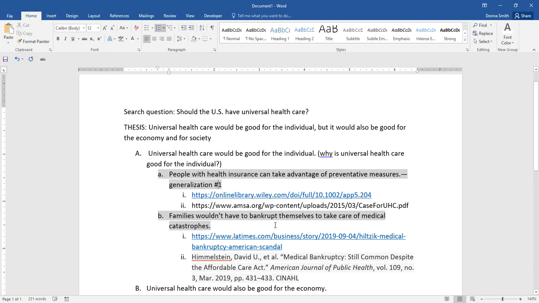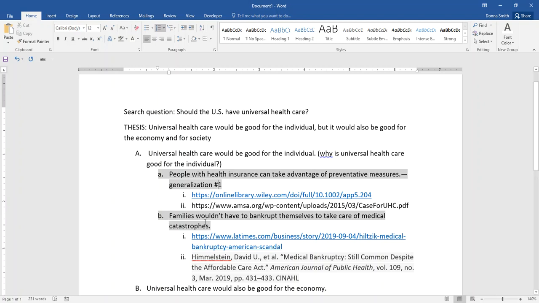So, presumably, you came up with this as a reason why universal health care would be good for the individual, and the reason that you know that is you learned it through your research. This source made that argument, and this source made that argument. So all you're doing here in your outline is you are taking your sources and placing them where you plan to use them.